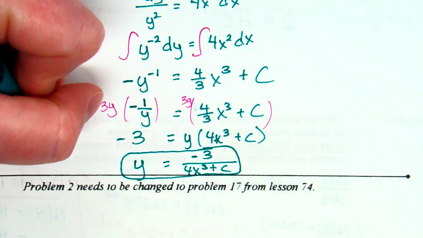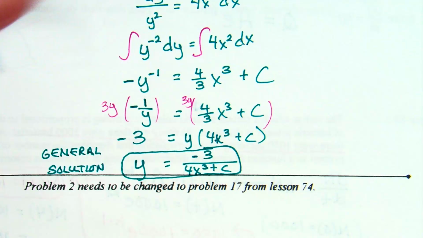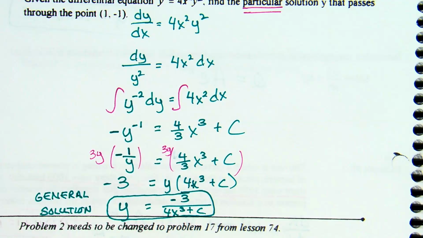An equation. Not the particular equation yet. This is the general solution or general equation. We specifically need to find the particular solution. How do I find the particular solution?